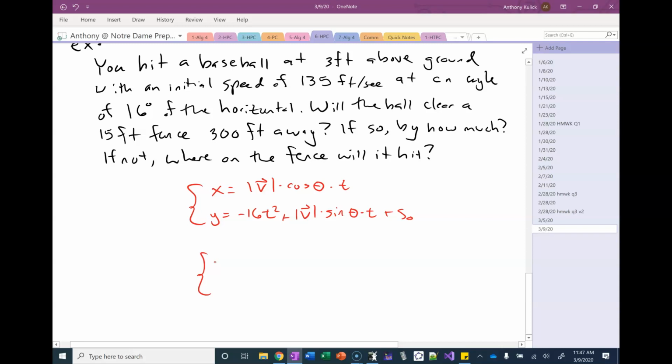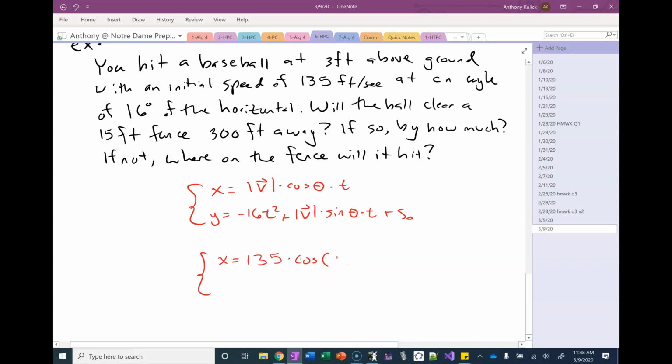What am I going to fill in for the magnitude of V? So go back to our definition, read again what the magnitude of V represents, if you're not sure. The initial velocity. So what's going to go in there? Great, 135.